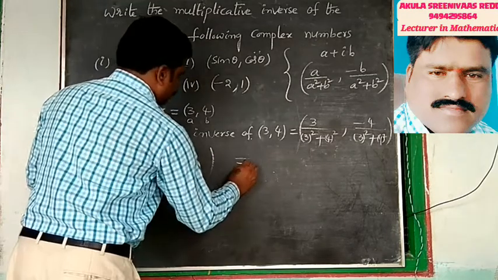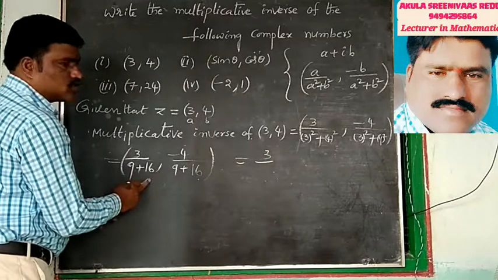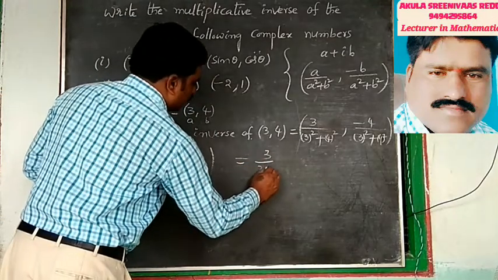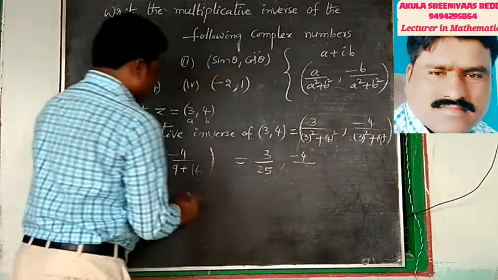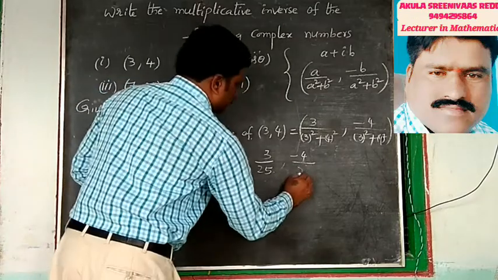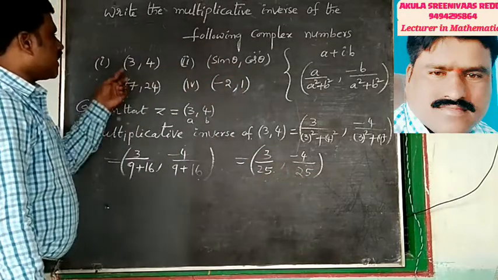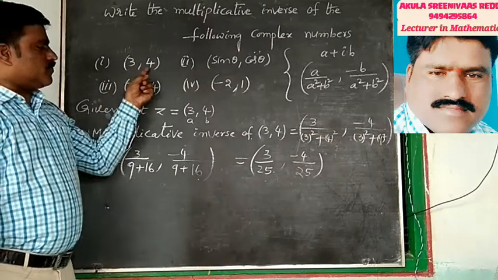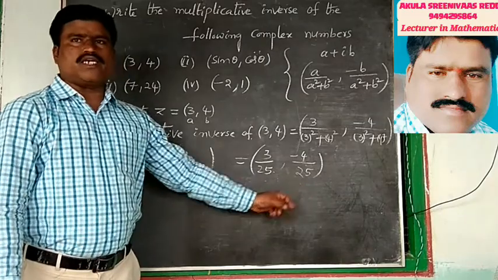That is equal to 3 by 9 plus 16, 25, comma, minus 4 by 9 plus 16, 25. Therefore, the multiplicative inverse of 3 comma 4 is 3 by 25 comma minus 4 by 25.